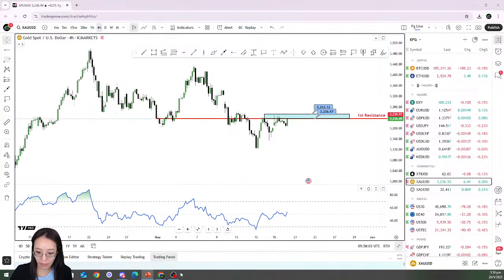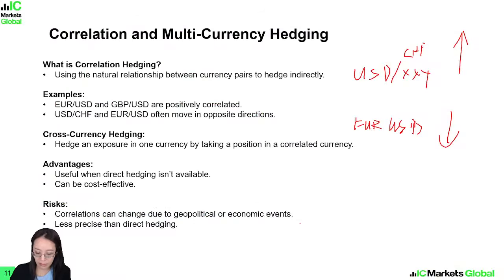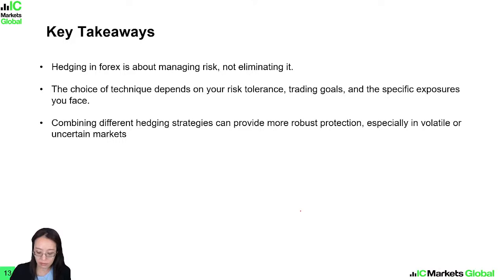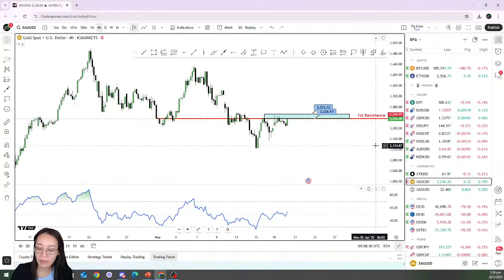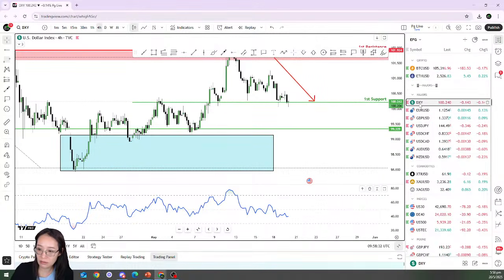Okay, I will show the slide that I just explained, which is this one. So the advantages: it is useful when direct hedging isn't available, and it can be cost effective as well. Risk: correlation can change due to geopolitical or economic events. This applies especially to gold. Remember that gold has a negative correlation with the dollar.